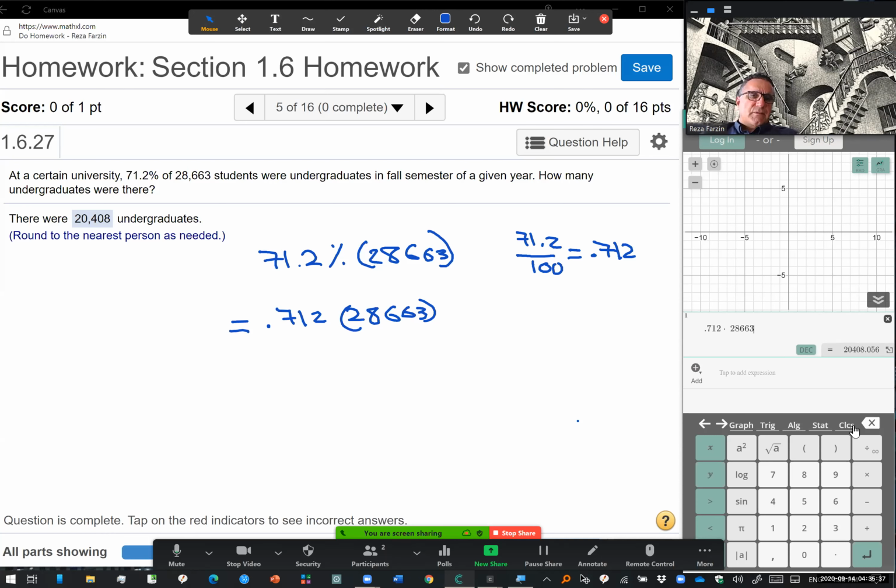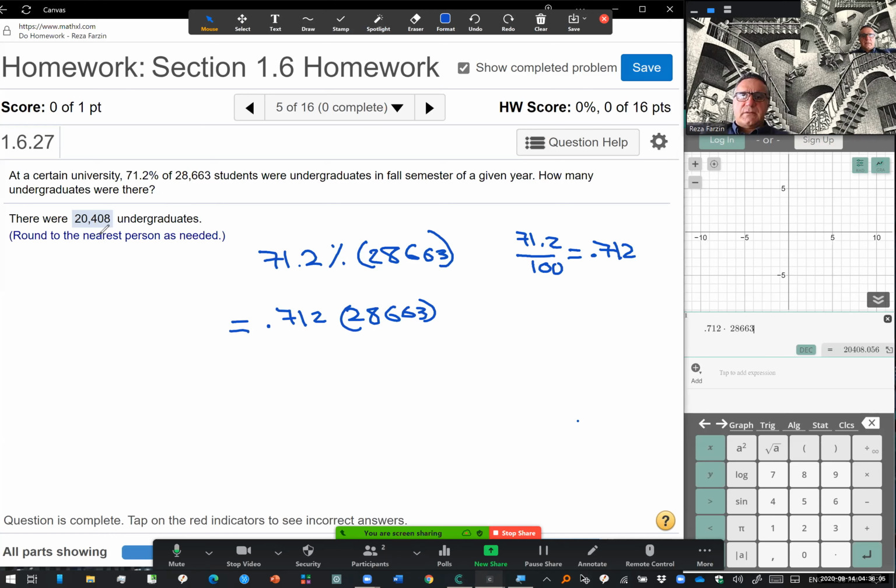If you notice, we end up with 20,408.05, etc. And if we round it to the nearest whole number, that's just going to be 20,408. That's where we get this number from, okay? So that's what you would type in here.